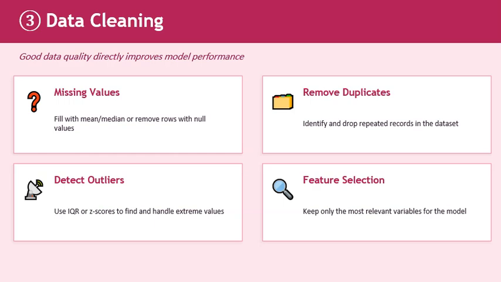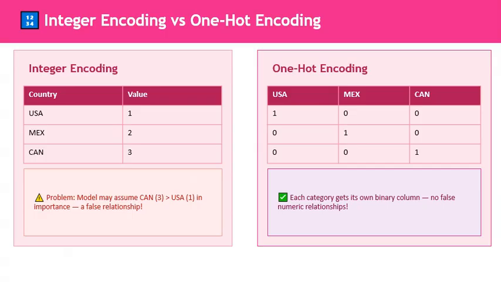Now we move to integer encoding versus one hot encoding. Machine learning models cannot directly understand text categories. We need to convert categories into numbers. Integer encoding, for example, USA number 1, Mexico 2, Canada 3.